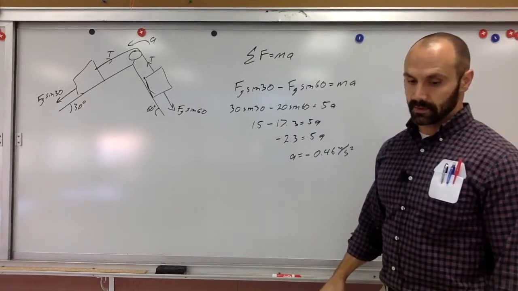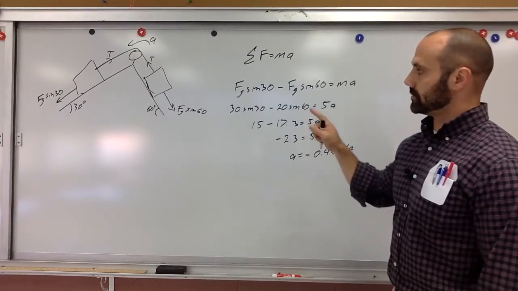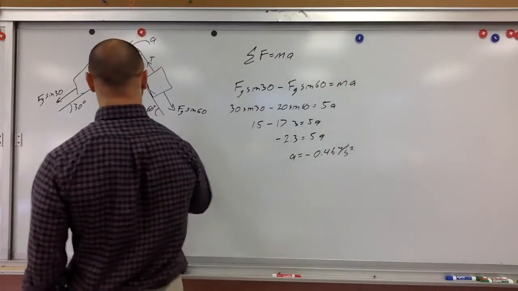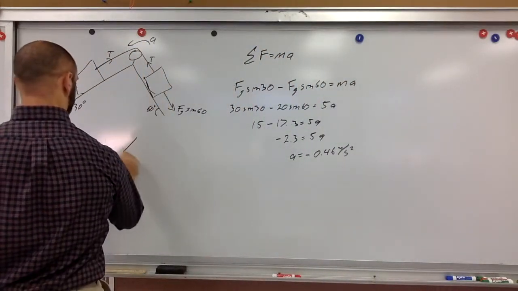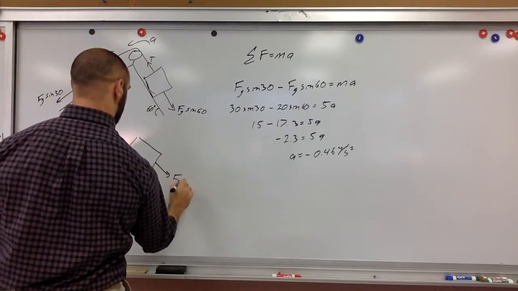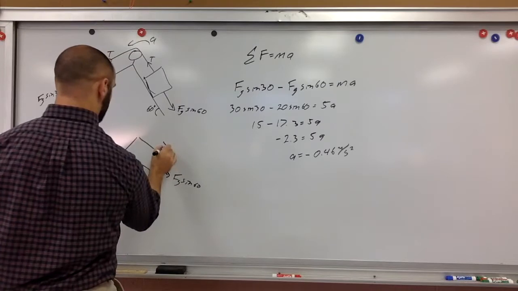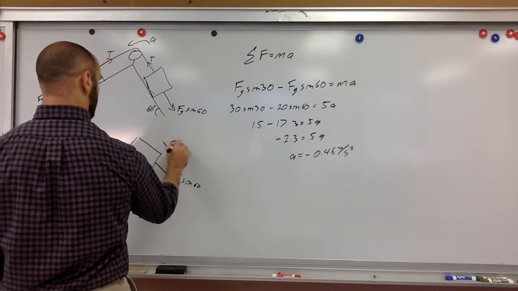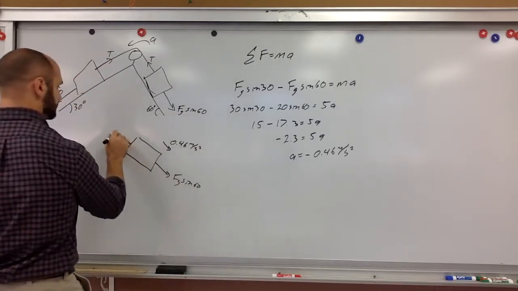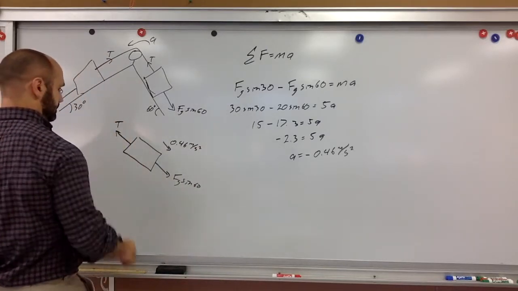And then to find the tension, what I can do is I can set up an equation for one of these guys. Let's say this one. And here is Fg sine 60. It's accelerating this way at 0.46 meters per second squared. And this is the tension.